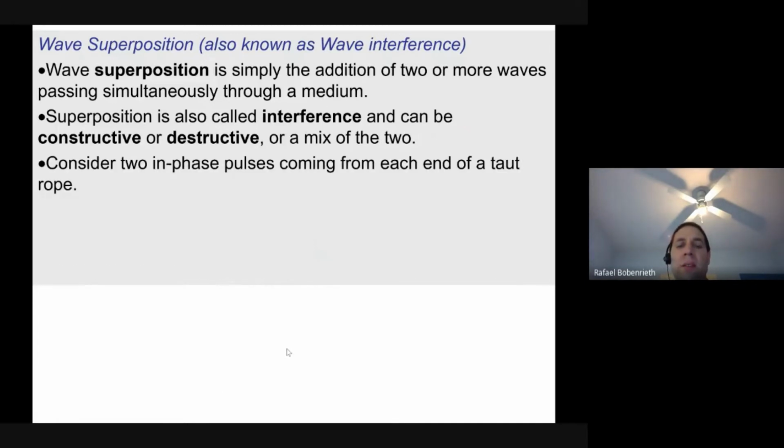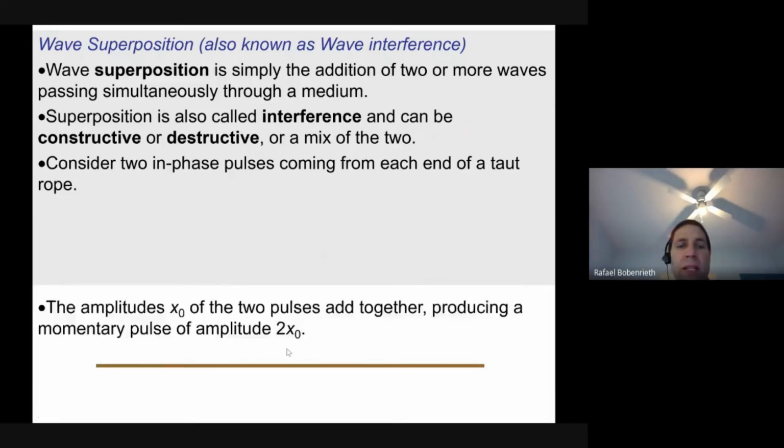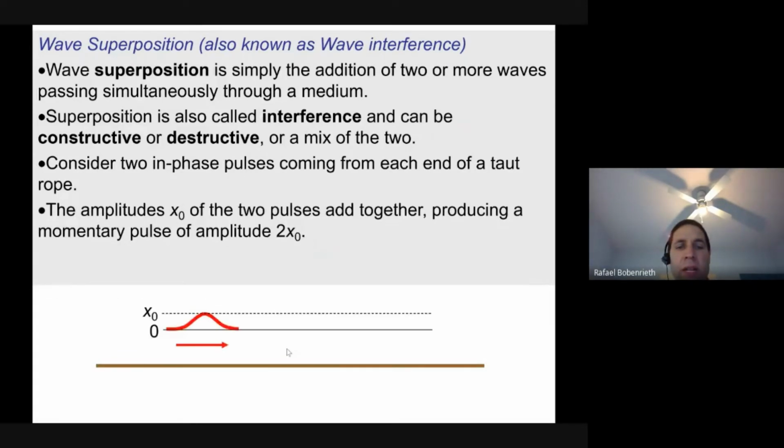So let's first consider this scenario below, where I have the two wave pulses, the red and the blue. Let me just show you that one more time, just in case you missed it. All right, so notice what happened there. If we deconstruct it, if I measure carefully the amplitude of the red wave and the amplitude of the blue wave, and the amplitude of the resulting wave when they come together, notice these two pulses are what we call in phase.